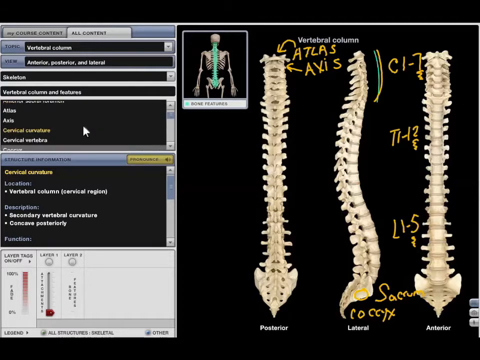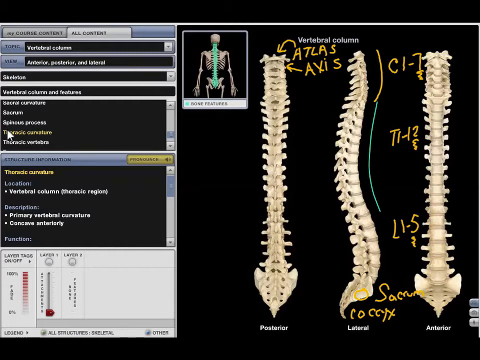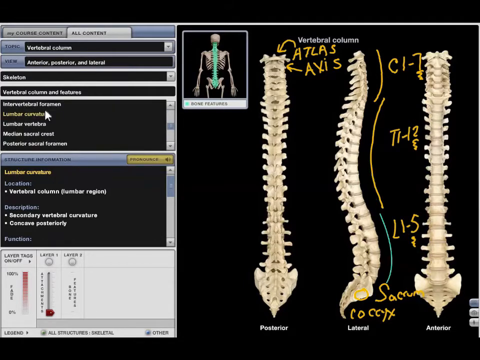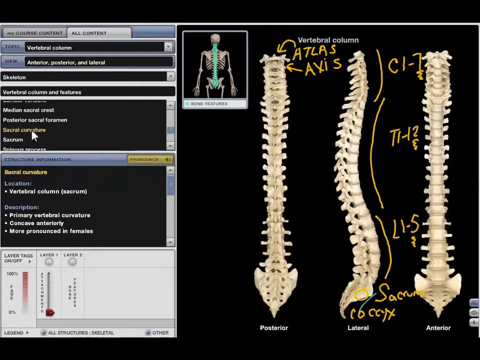And next we have the thoracic curvature right here. And then the lumbar curvature here. And finally the sacral curvature right here.